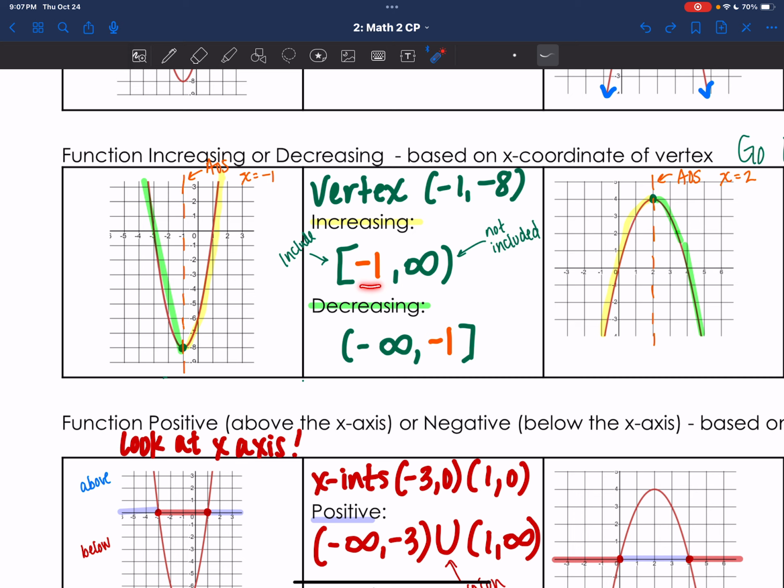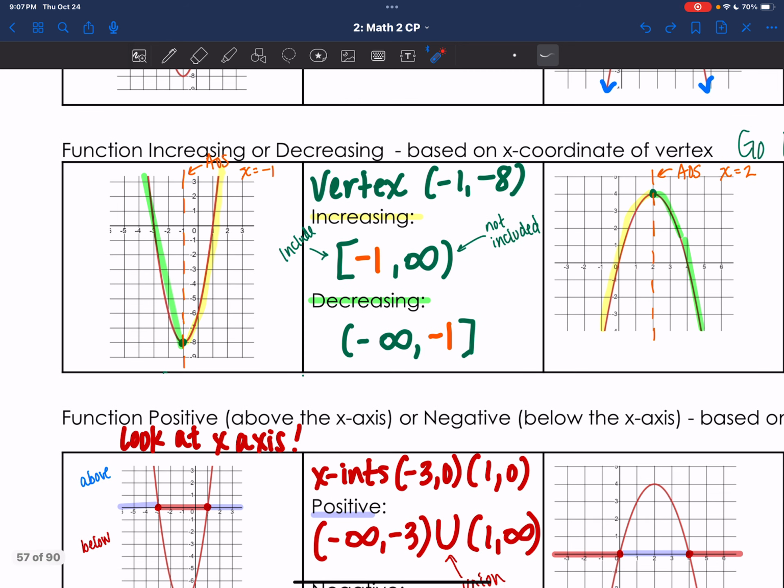So we started at -1, and we're including that, so that's why we have the bracket. And then it's continuing on to positive infinity. And since it's constant, that's why we keep it, I put not included, but think of it as constant movement. So it hasn't stopped. So that's why we keep going there.